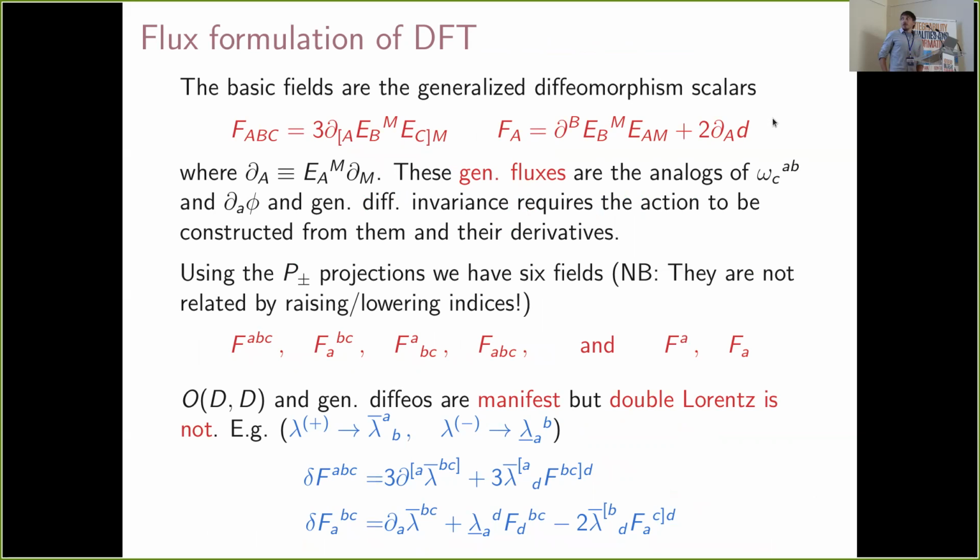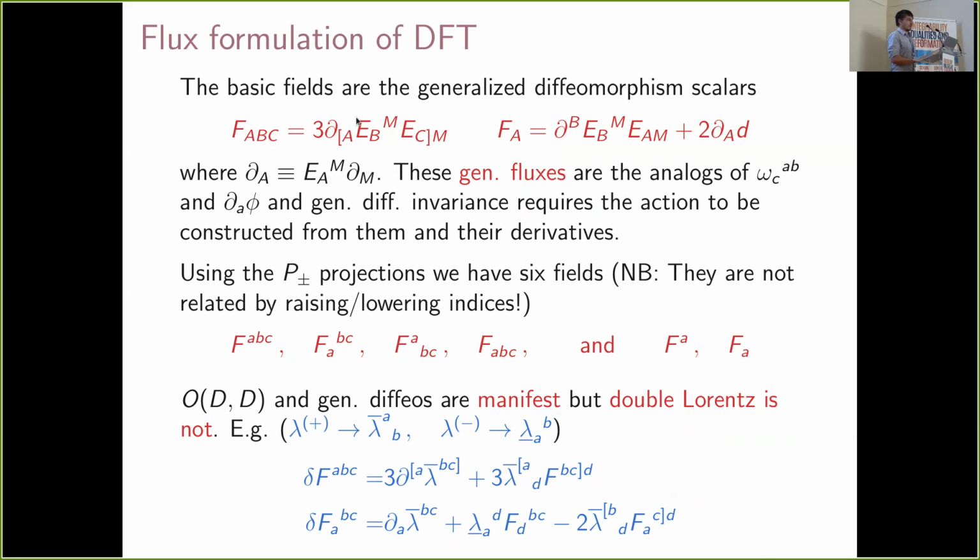Okay, now the basic fields in this flux formulation are the generalized diffeomorphism scalars. And generalized diffeomorphisms is just the packaging together of the usual diffeomorphisms and the B field gauge transformations that occurs here. Now from this generalized frame field, you can construct scalars under these generalized diffeomorphisms. And there's a 3-index object, FABC, which is antisymmetric in its indices.